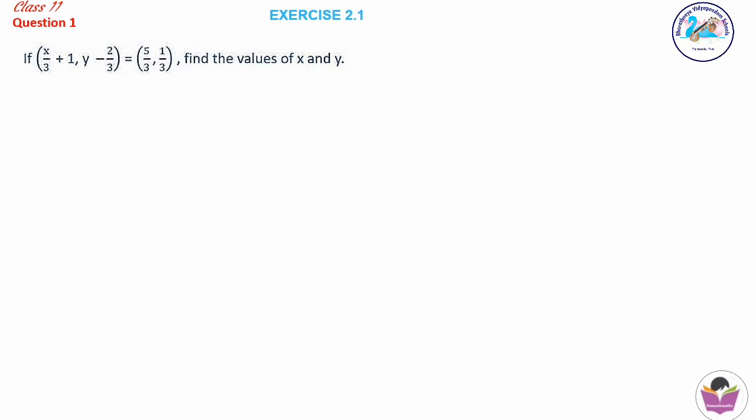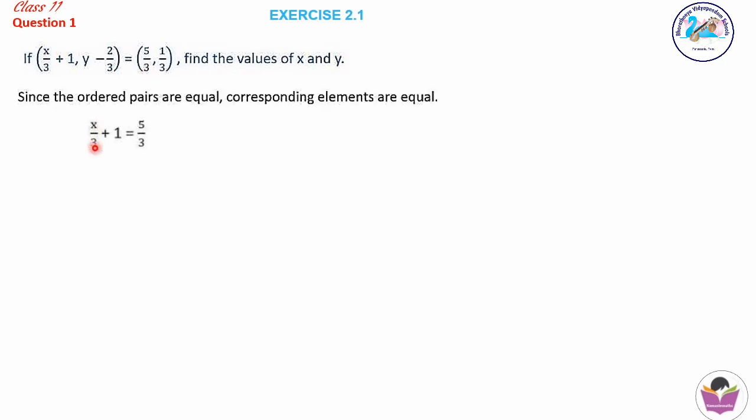That means the first element on the left equals the first element on the right. That is x/3 + 1 is equal to 5/3. From here we are asked to calculate the value of x. We can bring the plus 1 to the right side first, so x/3 is equal to 5/3 minus 1, because when it goes to the right side it becomes minus 1.